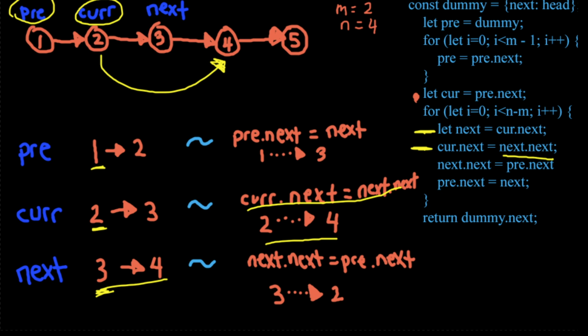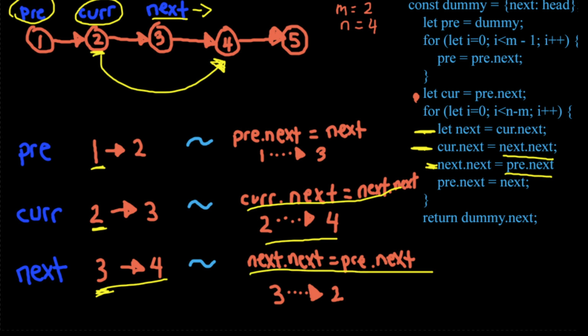Now, next.next equals pre.next. So next is right here. Its .next is pre.next. Well, what is pre's next? Right now, pre's next is current. It's number 2.